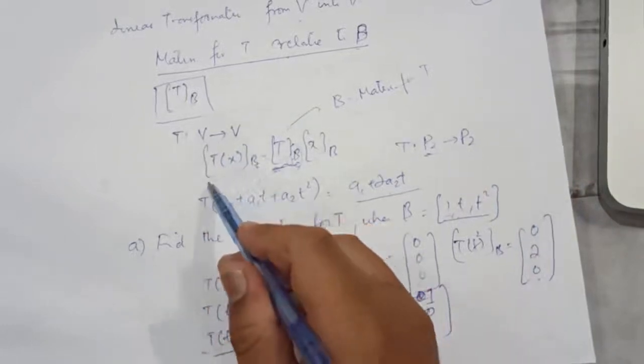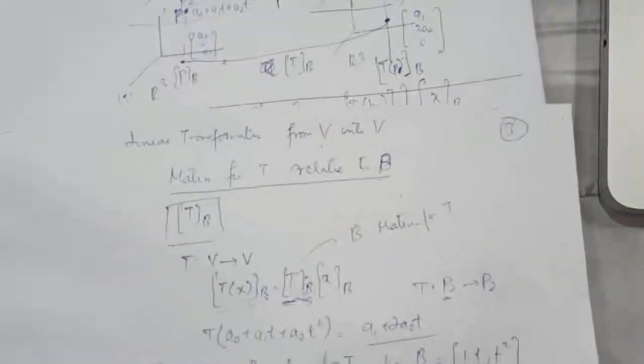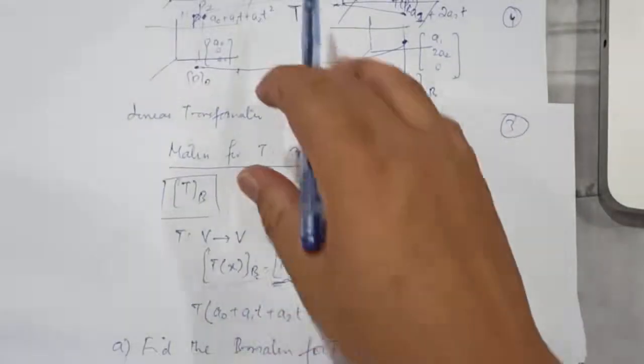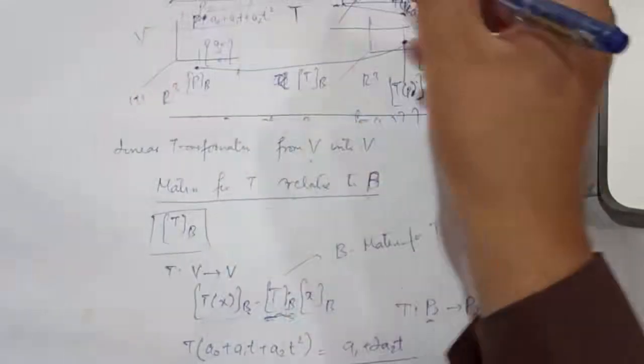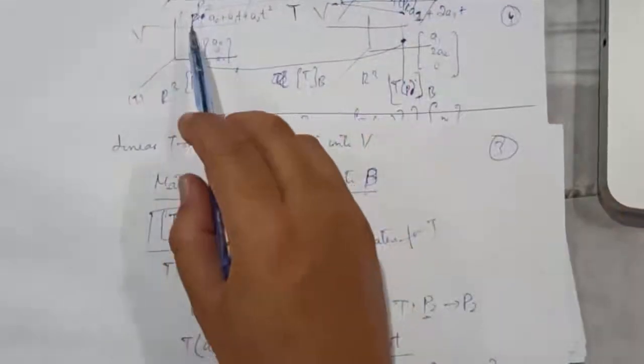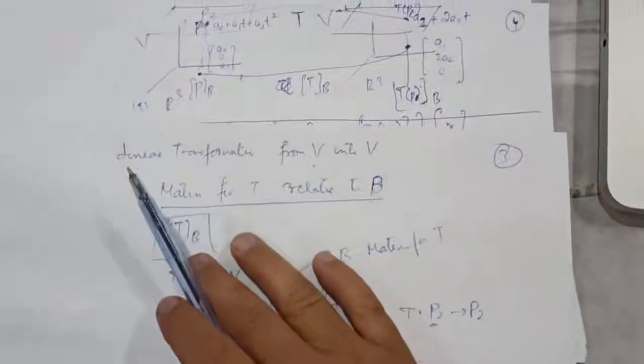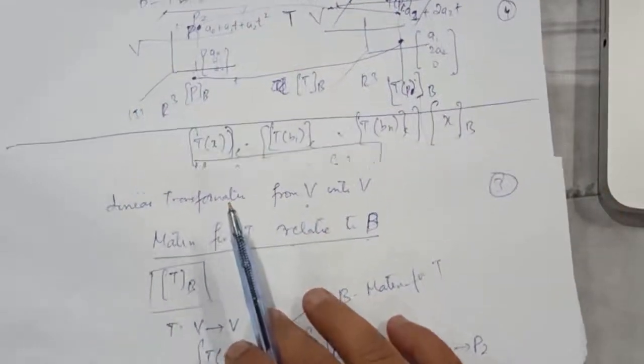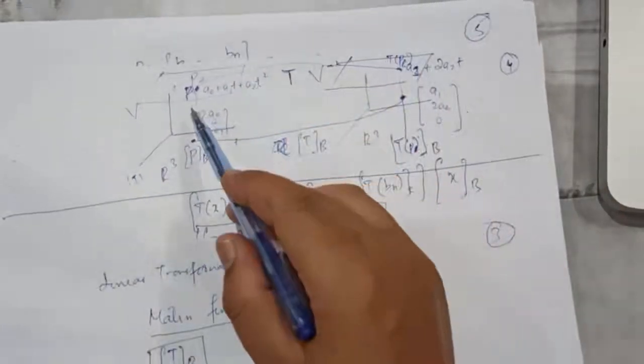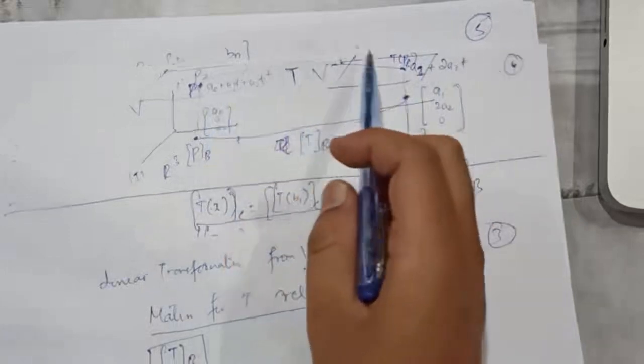Any point in x here, say in this scenario this is V and this is again V, right?